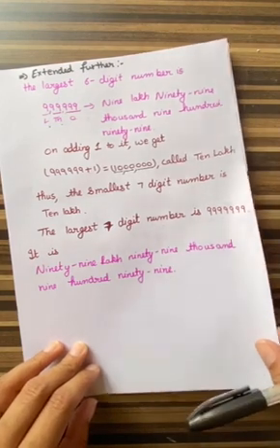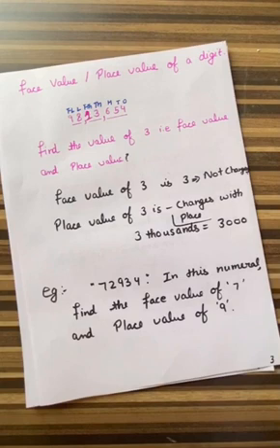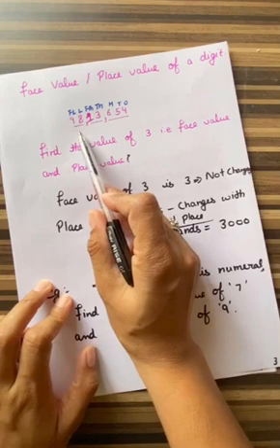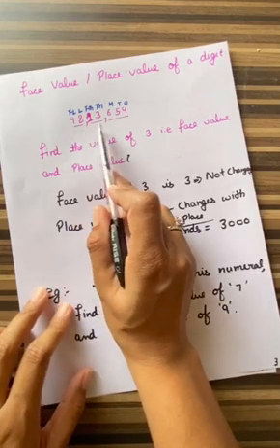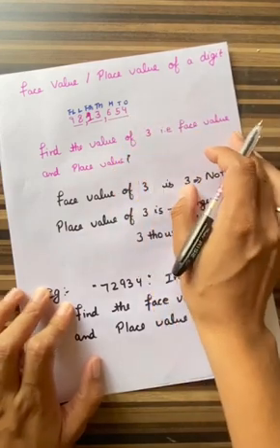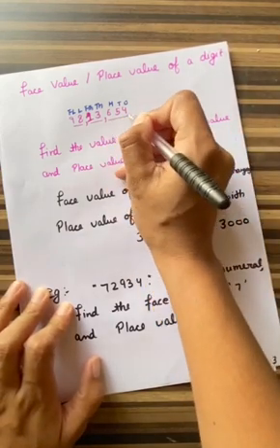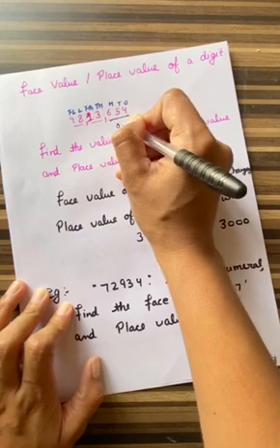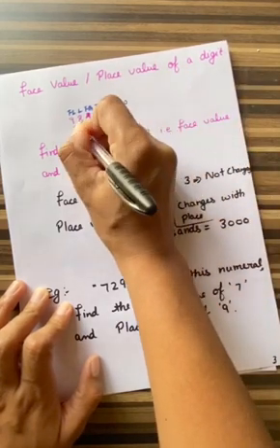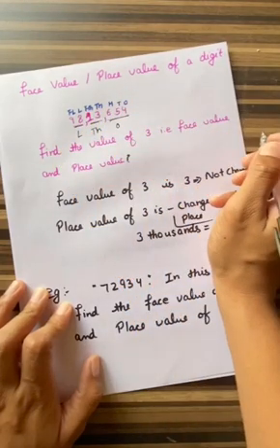Okay, now we will move to our next topic, which is face value and place value. So exactly what is face value and what is place value? Suppose a number is given to us, that is 9813654, and if we divide it into the Indian number system, we divide it into periods: a period of ones, a period of thousand, and a period of lakh.